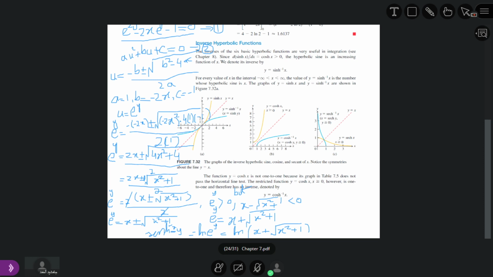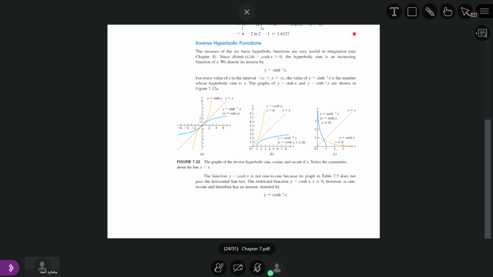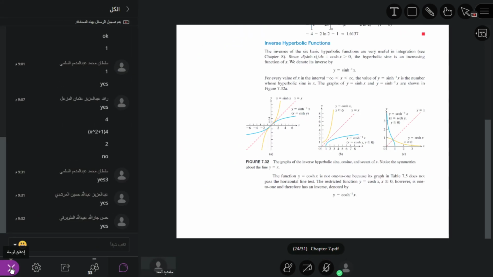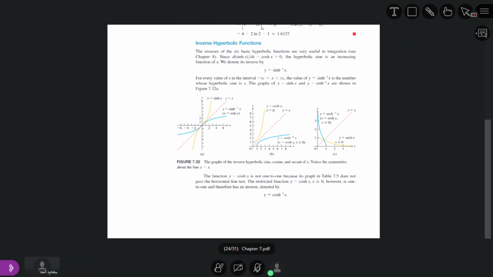Okay. Now if I ask you, prove that, suppose this is the first question. Here, if I ask you, prove that cosine hyperbolic inverse x is equal to ln of x plus square root of x square minus 1.